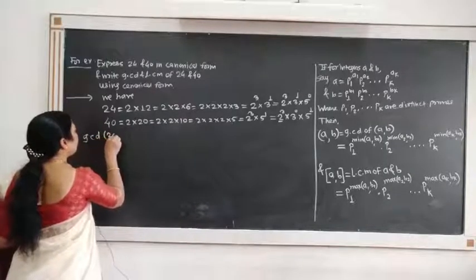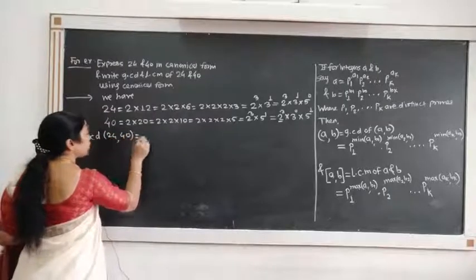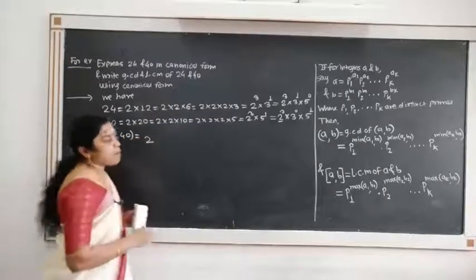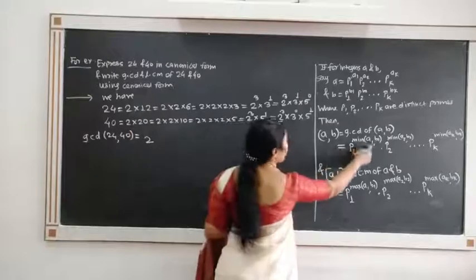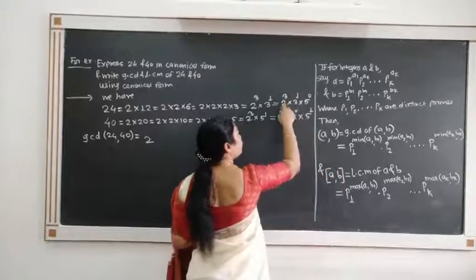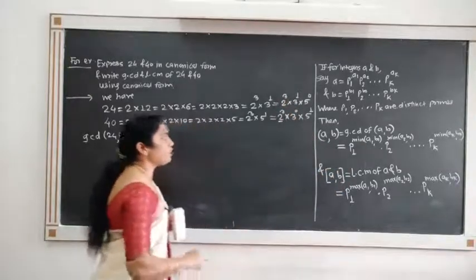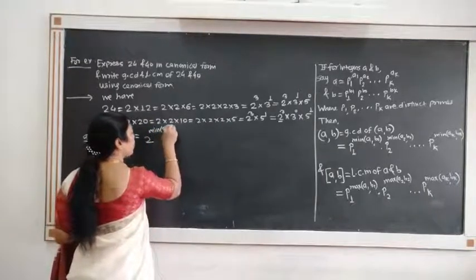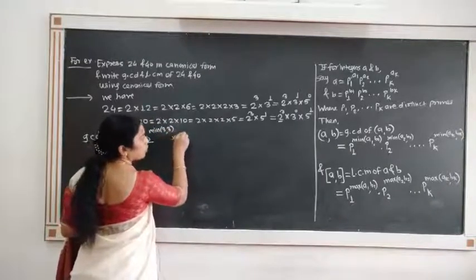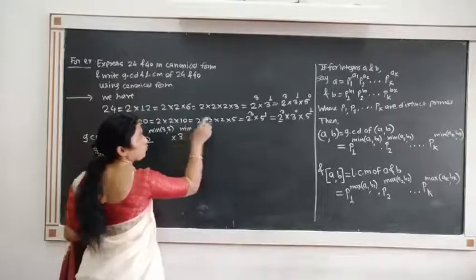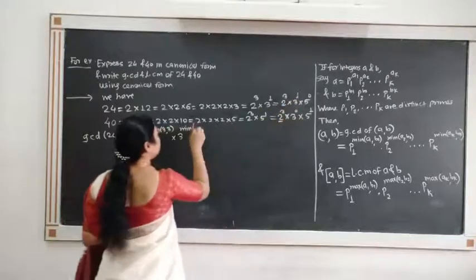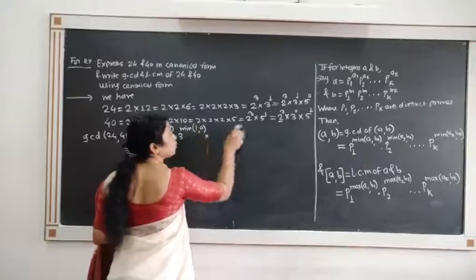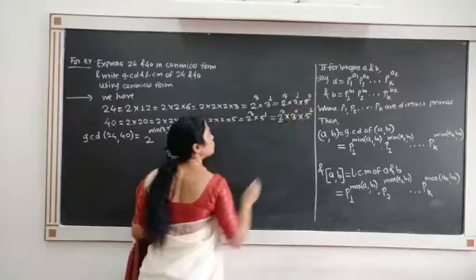GCD of 24 and 40 is nothing but 2 raised to minimum of the powers of 2, that is minimum of 3 and 3, into 3 raised to minimum of 1 and 0, into 5 raised to minimum of 0 and 1.